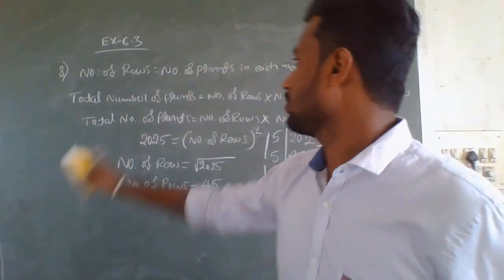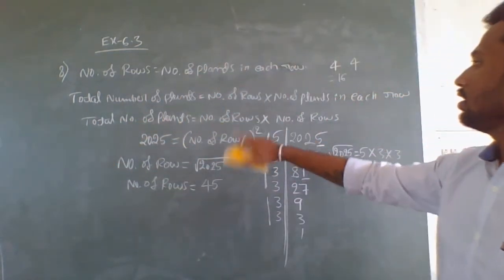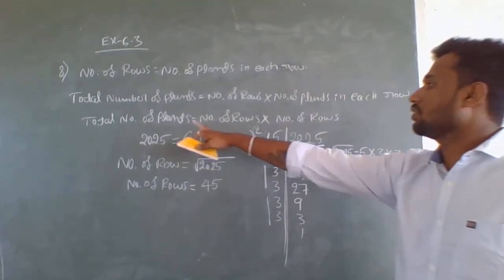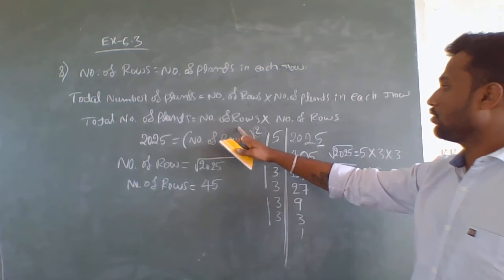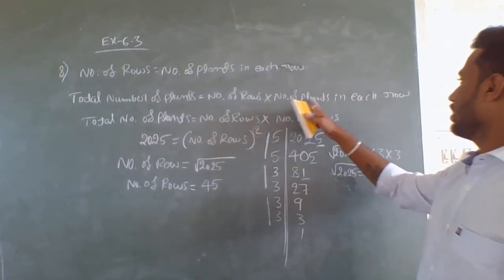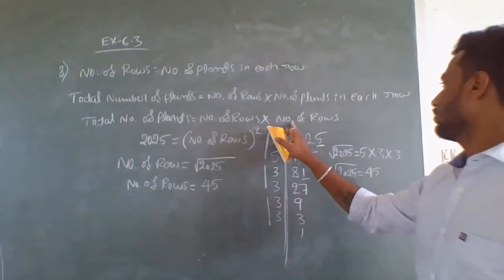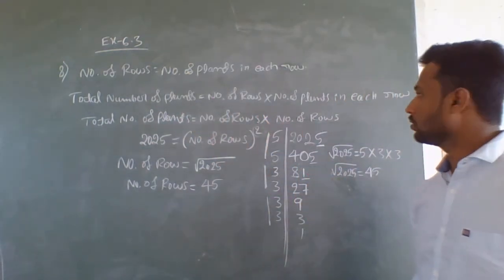Like this, the total number of plants equals the number of rows into the number of plants in each row. But here we know that the number of plants in each row equals the number of rows.